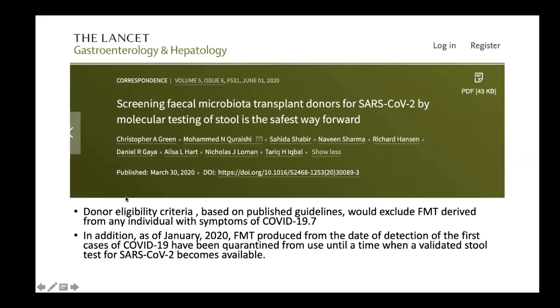And what is good is that the donor eligibility criteria are actually quite strict. So based on the existing guidelines, you would probably exclude donors that have symptoms that could be COVID-19. The problem is then, of course, those who do not have symptoms. And I think we still don't have the exact numbers there, how many are asymptomatic.